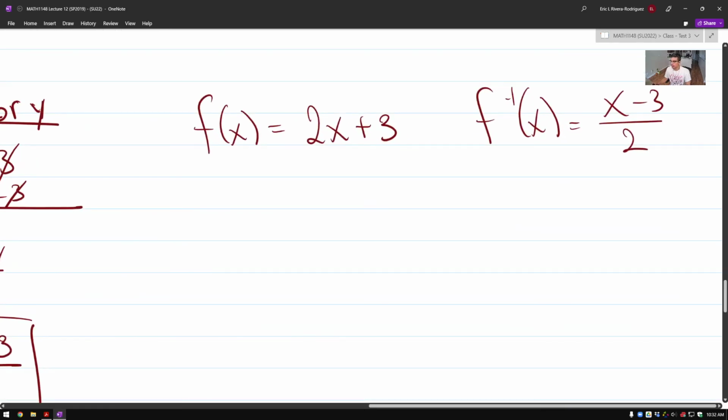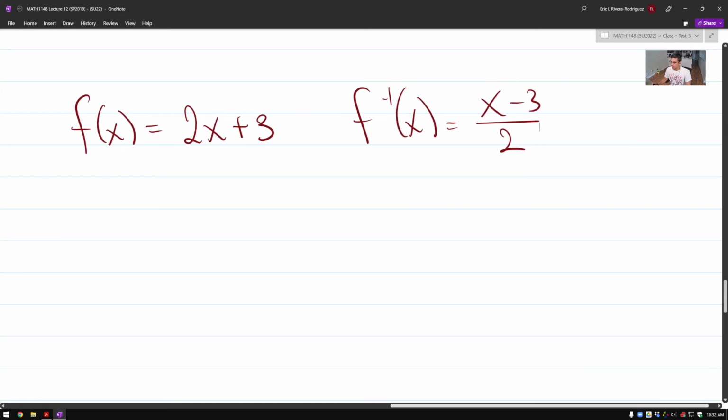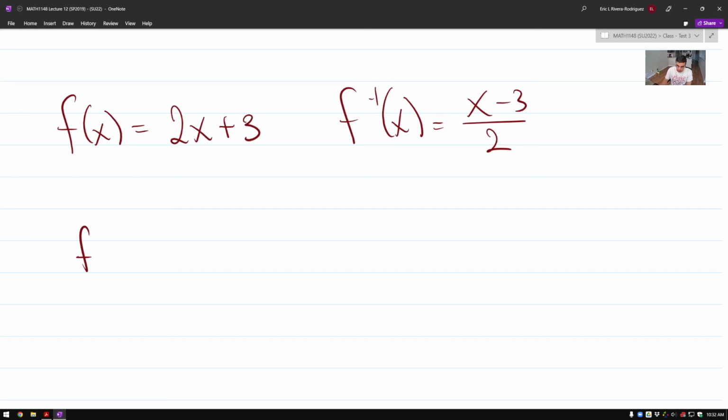And to verify that indeed they are inverse to each other, what we need to do is test the composition to see if the composition of each other gives back the input value. In other words, they cancel each other.